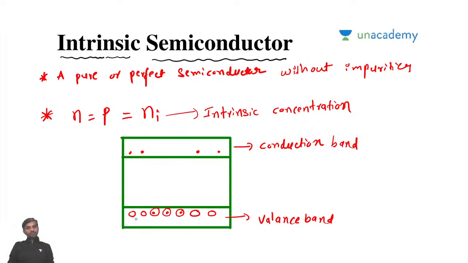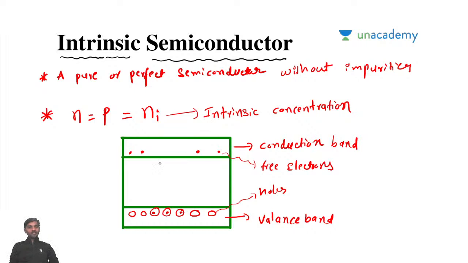Similarly, there will be 4 free holes. These are called holes, and these are called free electrons. Remember, only free electrons will be responsible for conduction.